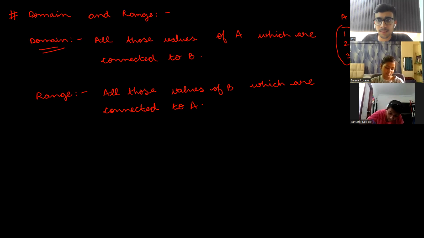Okay, look at this example and tell me what is the domain and range. 1 and 2 is domain, and 5 and 6 are linked. ठीक है, correct. Sanskriti, any doubt?